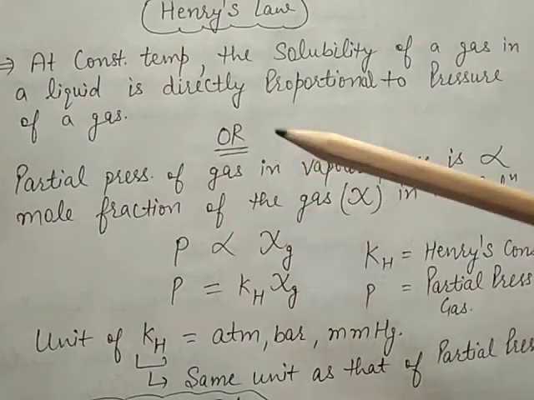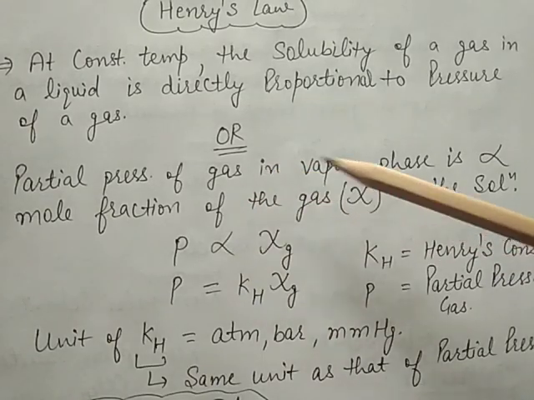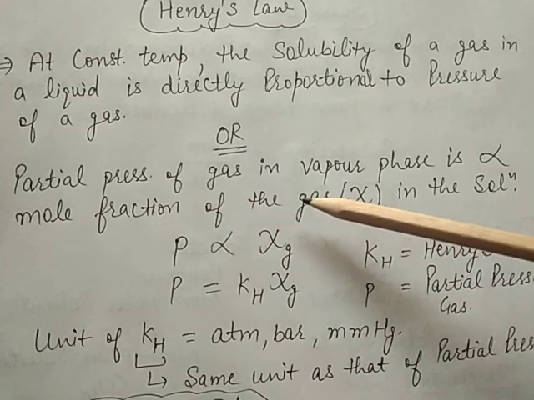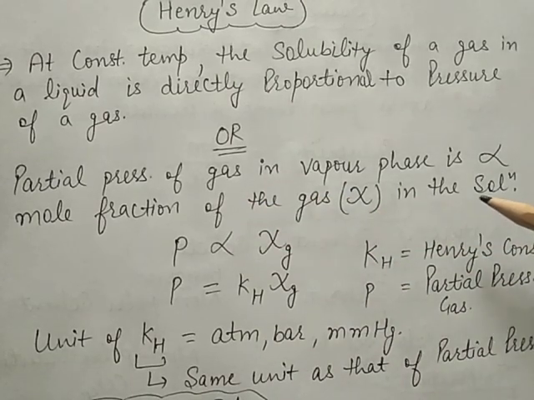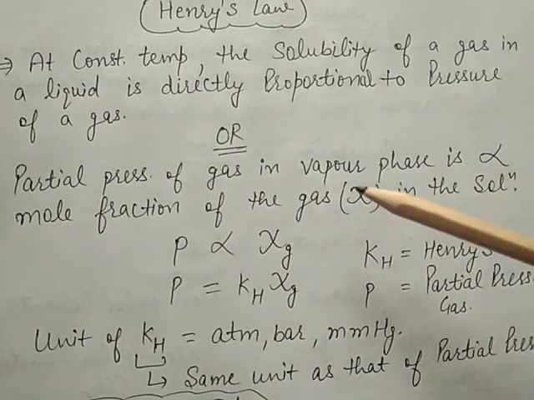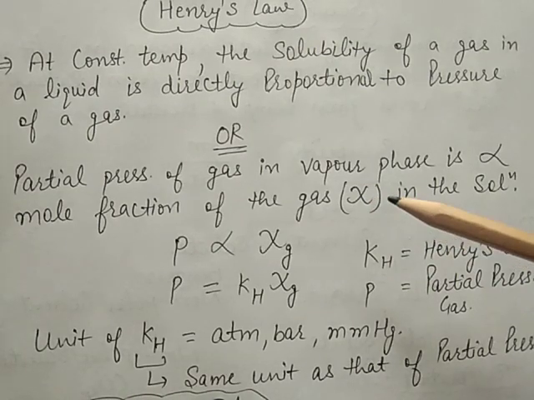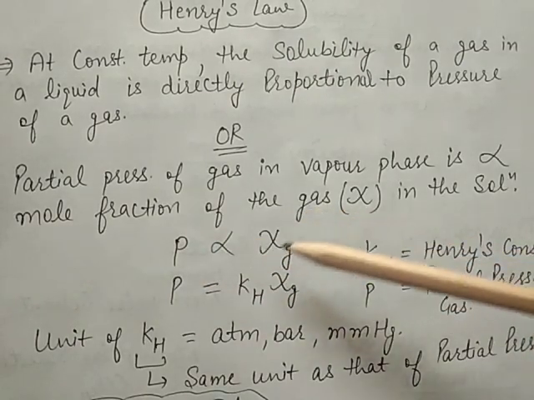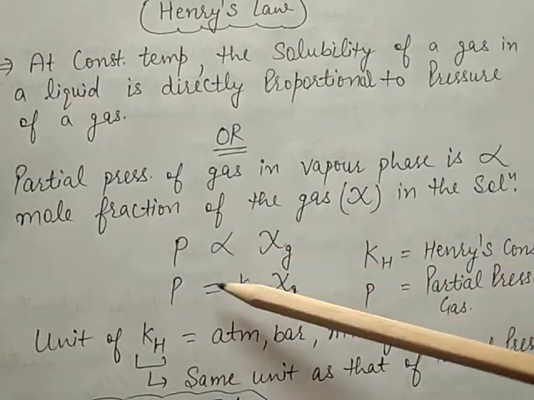Or you can say that the partial pressure of a gas in the vapor phase is directly proportional to the mole fraction of the gas in the solution. It means the solubility of a gas in a liquid is measured in terms of mole fraction of the gas. Partial pressure is directly proportional to mole fraction of a gas.